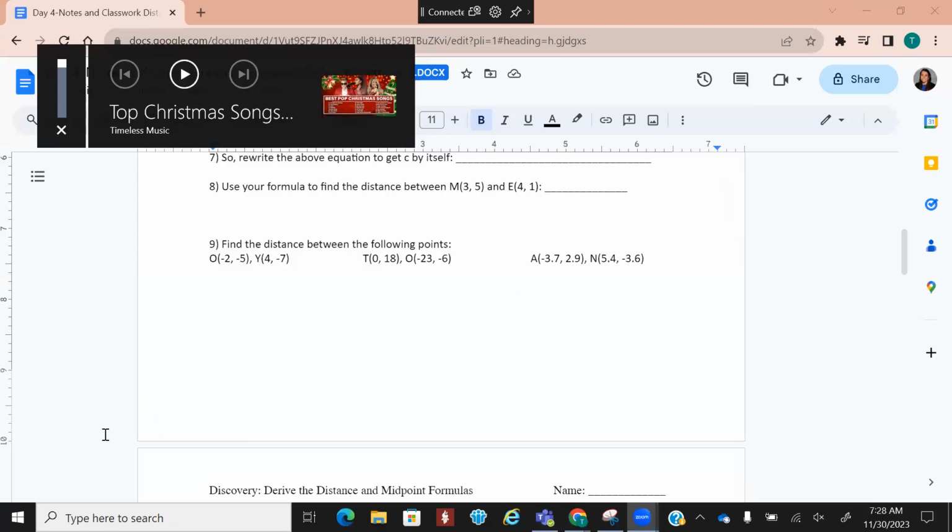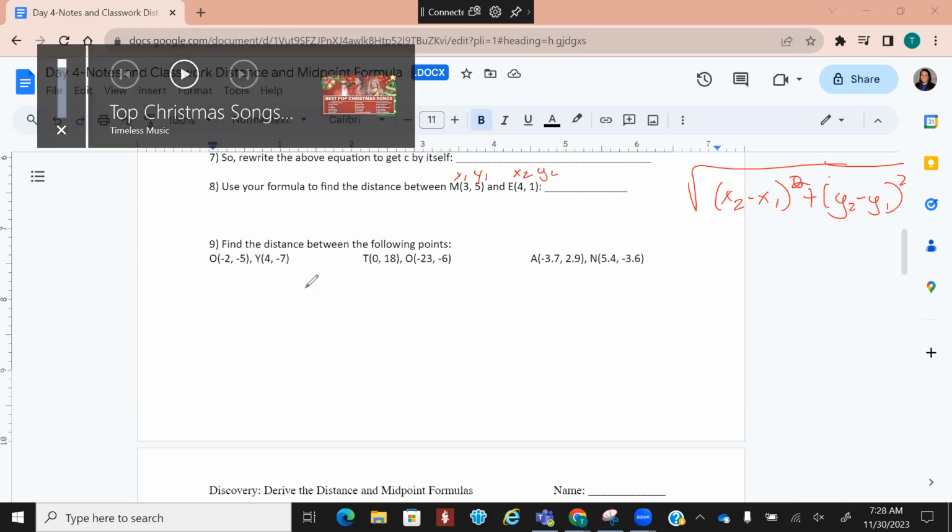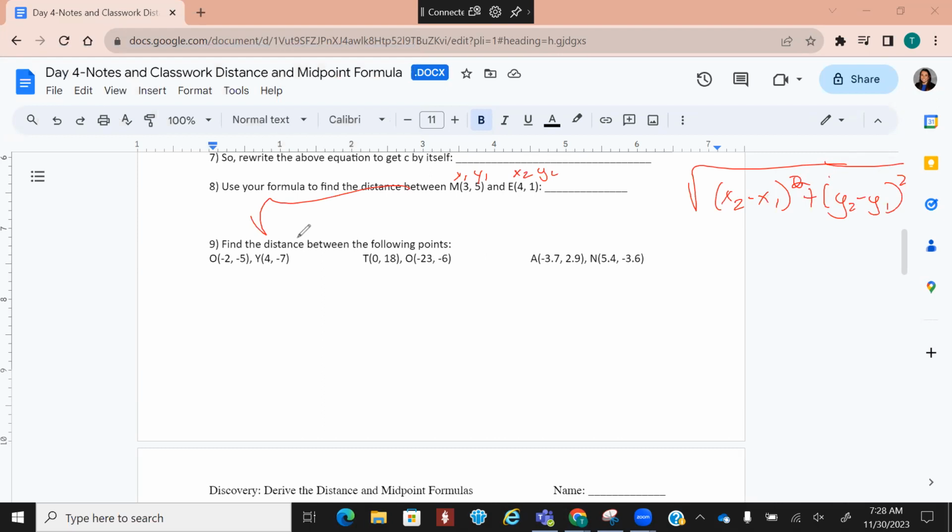Yes. All right, so let's go ahead and plug in. Again, this is the distance formula. First thing, label your stuff. Okay, now we plug in. So that's going to give me 4 minus 3 squared plus 1 minus 5 squared.